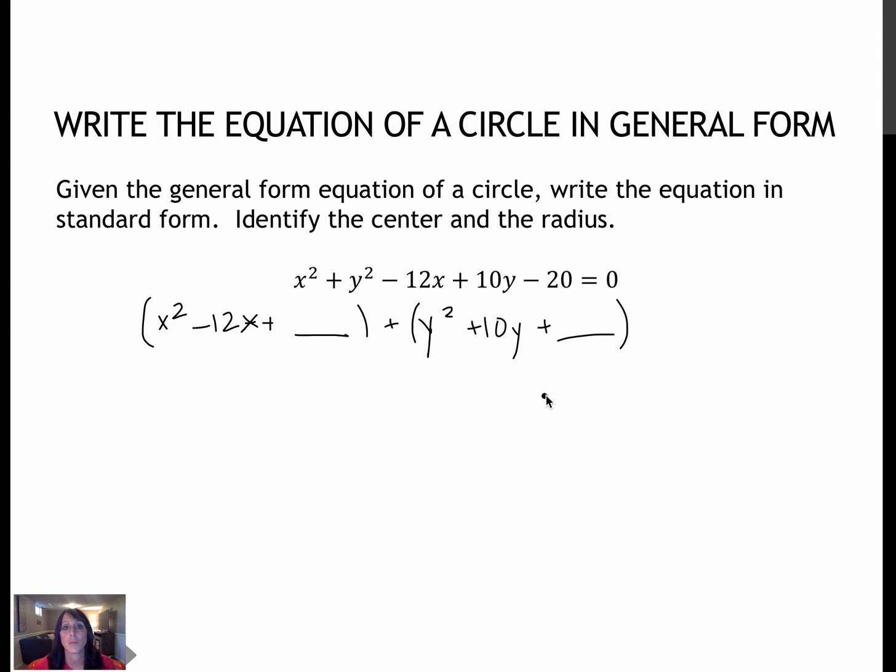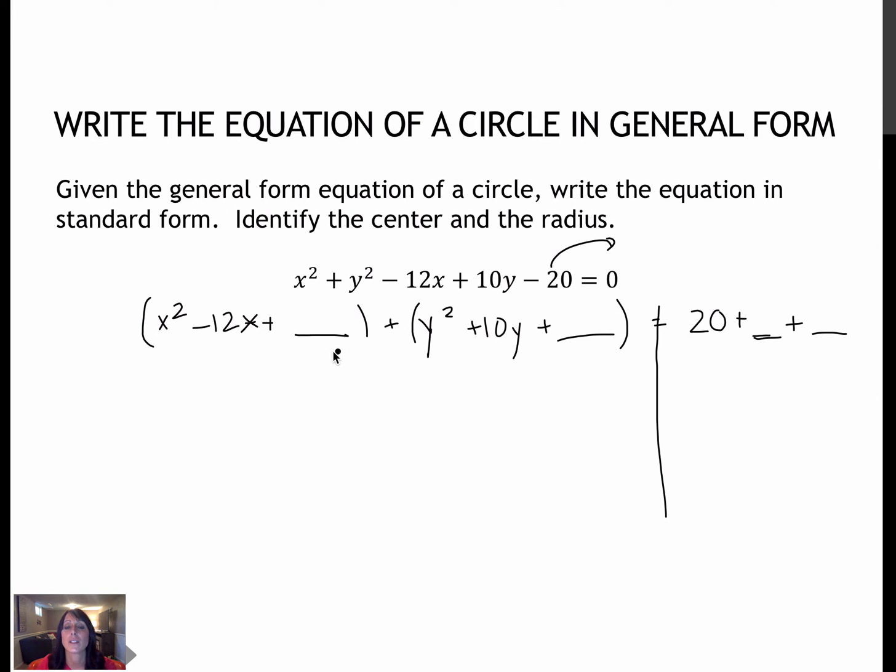I'm just going to separate them with parentheses to keep them apart from each other. And then I'm going to take this minus 20 and add it to each side, so that's equals 20, and then plus blank plus blank. So whatever blanks I add here, I have to add to each side, because obviously this is my equal sign, and whatever I do to one side of an equation, I do to the other.